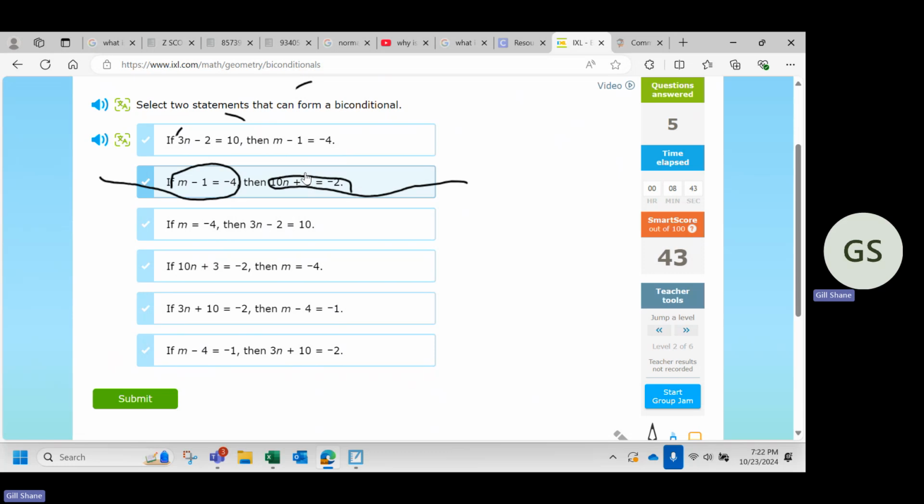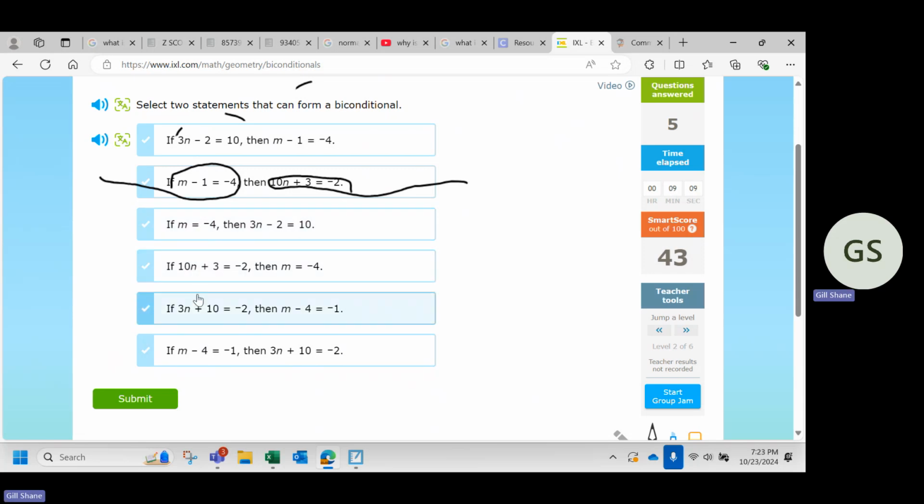Hold on just a second. All right, let me go back and look at it now. Dude, I messed something up. M subtract 1 is -4 at the front. That's there.